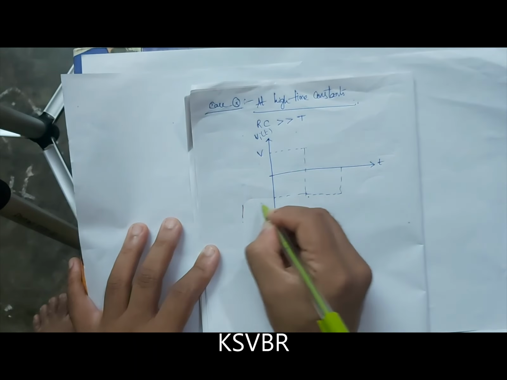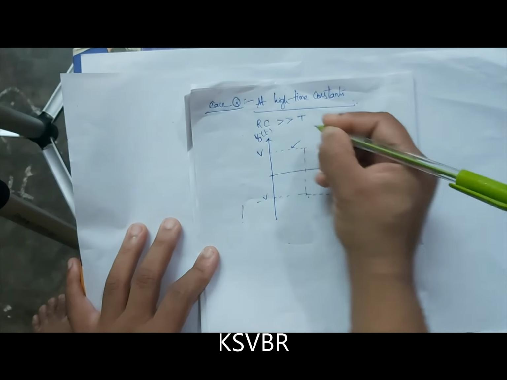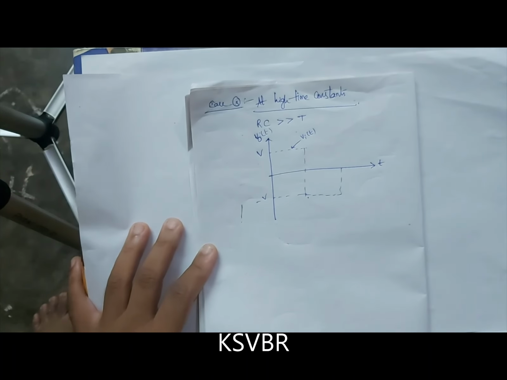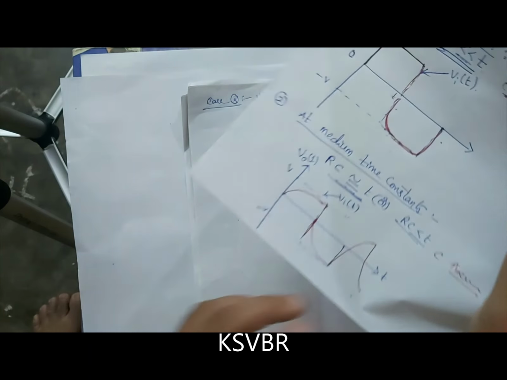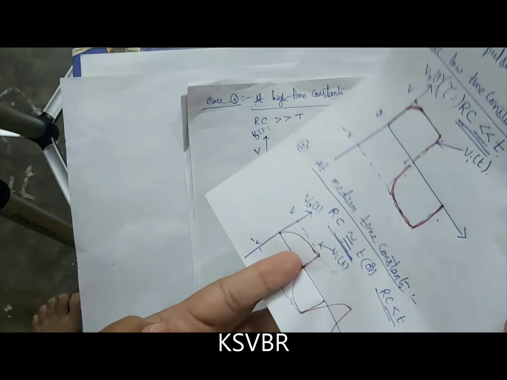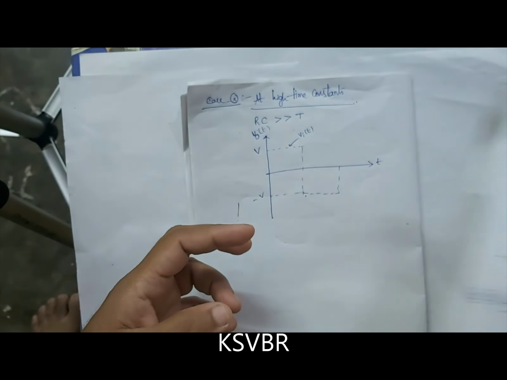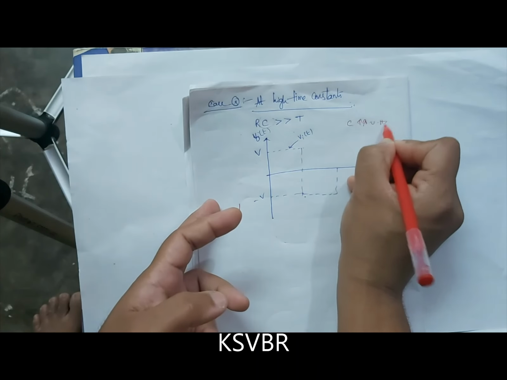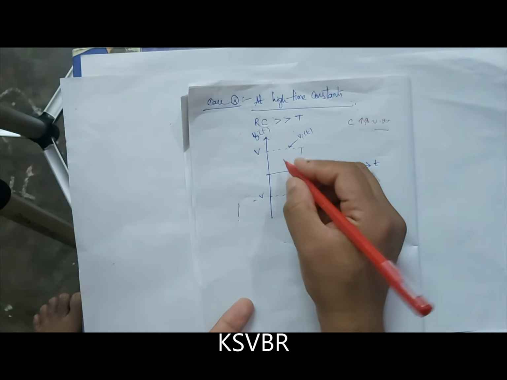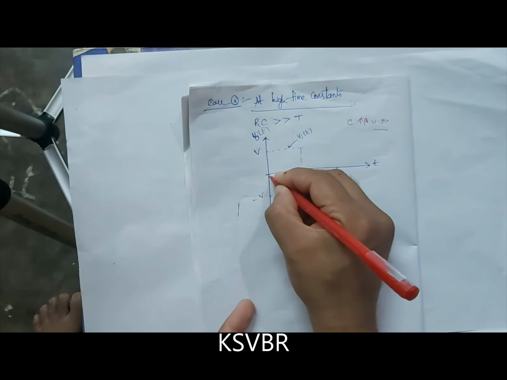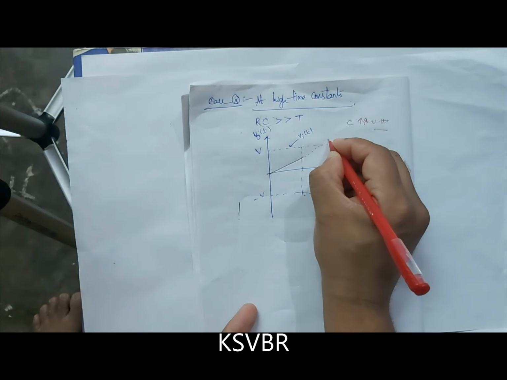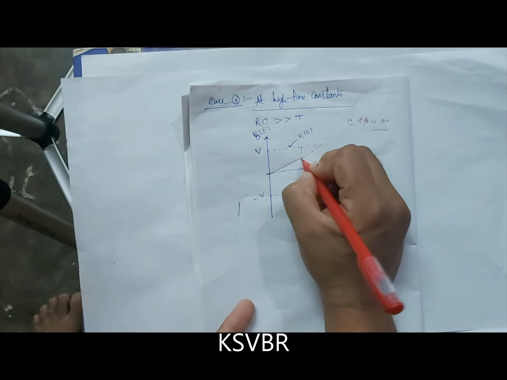This is V, this is minus V, this is V naught of t, and this is Vi of t. If you observe here, the capacitor is charged slowly when compared to here. So here the capacitance is a very, very high value. So what will it take? It takes more time to reach its maximum value. What is the maximum value? V. But it won't reach the maximum value V because of this time limitation.